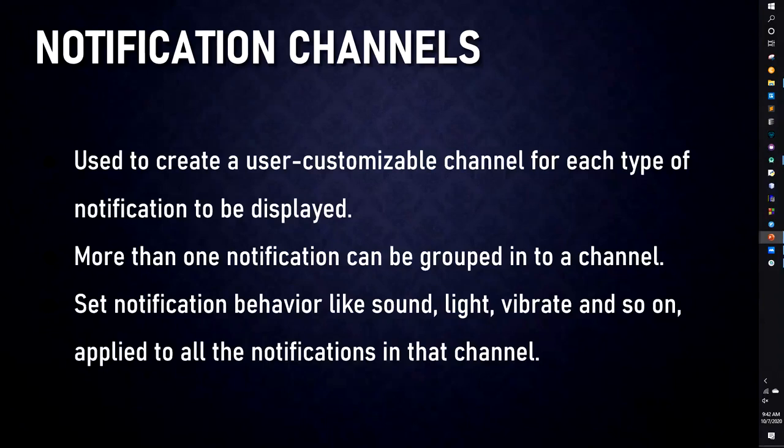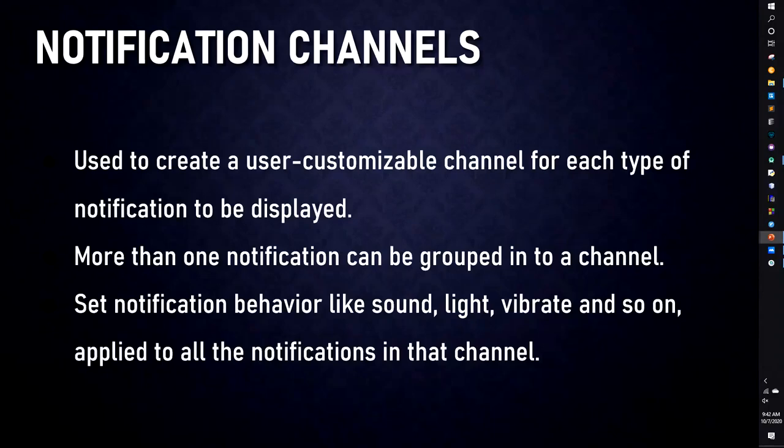We can have more than one notification grouped in one channel, and we can also set notification behavior like sound, light, and vibration, which applies to all notifications in that channel.